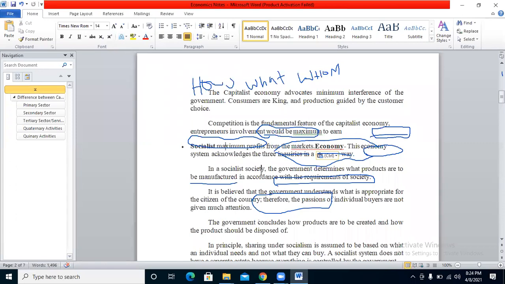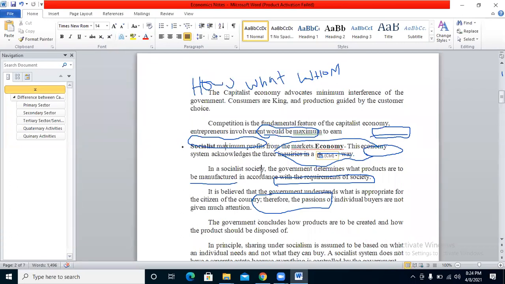But 85% of people want a car at the price of 3 lakh. So in the socialist economy, what the government has to decide is that the car is manufactured at the price of 3 lakh, because most of the individuals of the country want those goods at that price.